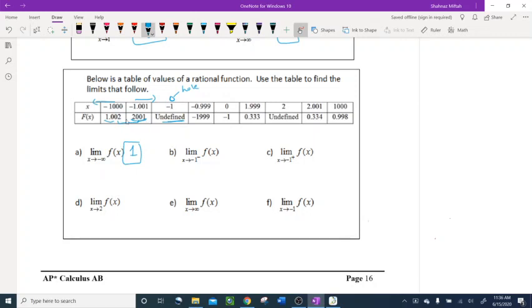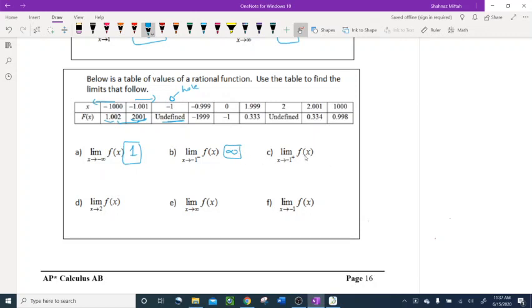It's a really huge difference. It's increasing, and very huge. I'm going in this direction for y values since I'm going from the left. If this is 1.002, that's 2001. Again, I'm increasing, but I'm increasing big time. So it's going to 2001 and beyond, which means it's positive infinity.